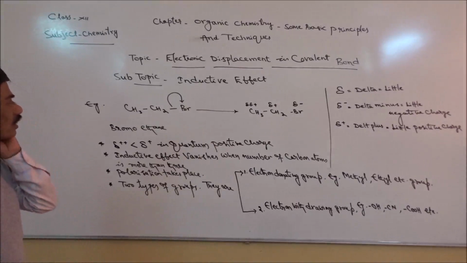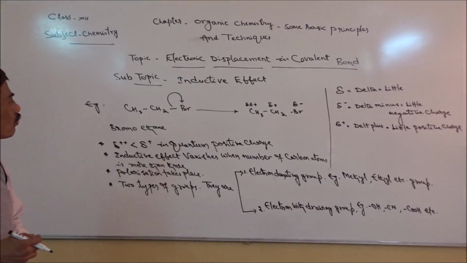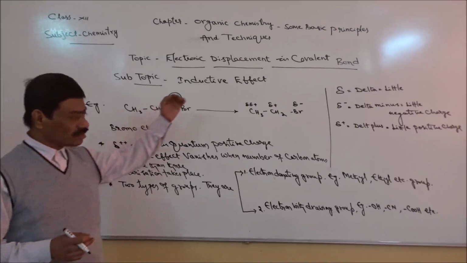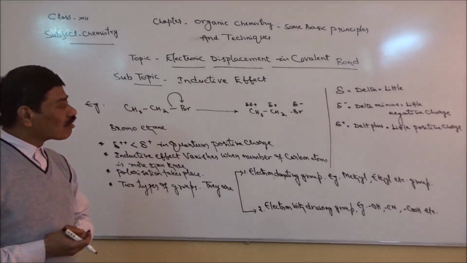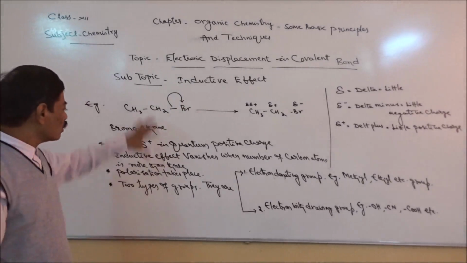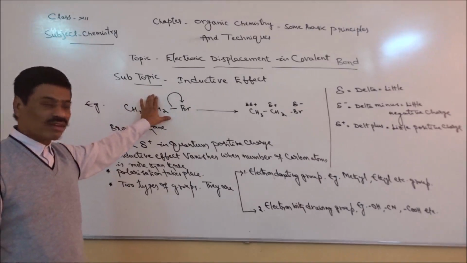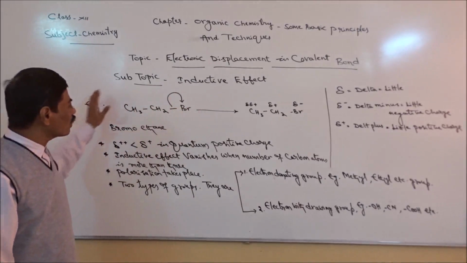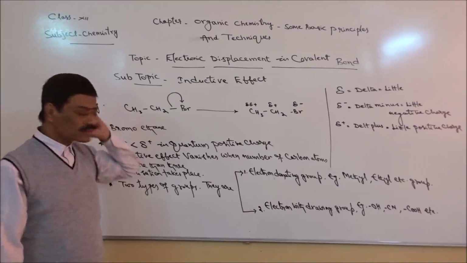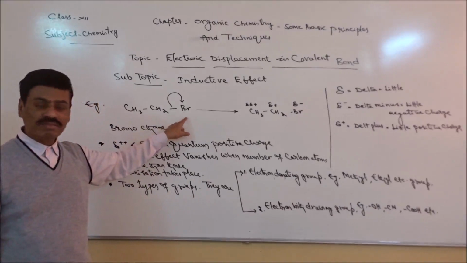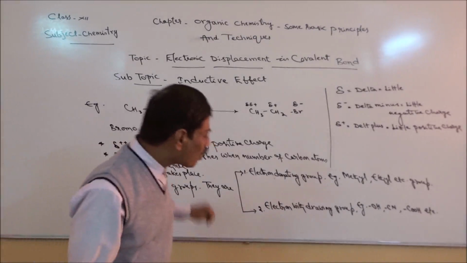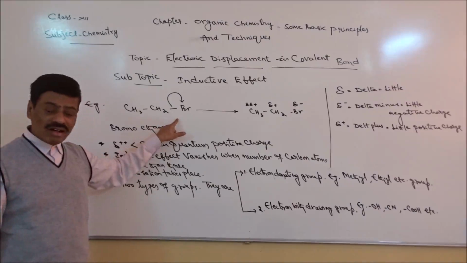So that's about the inductive effect. The inductive effect is one of the phenomena wherein electron displacement takes place. This is the best example for that phenomenon. This is an organic molecule, right? In this case, we have a halogen, that is Br, which is able to withdraw electrons.